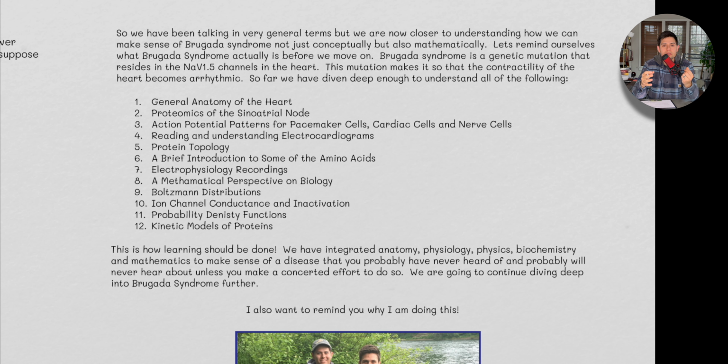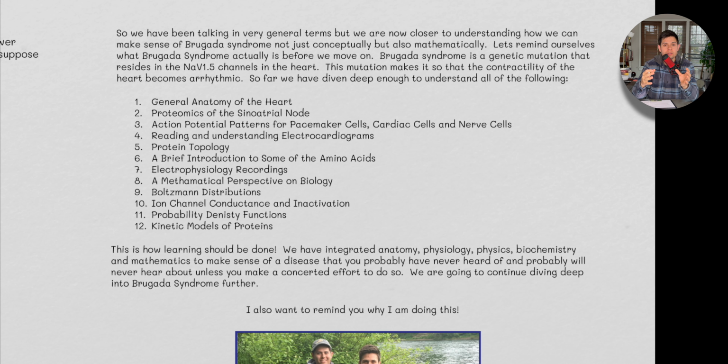So conducting is an open channel or an activated channel, whereas non-conducting is an inactivated channel. Probability density function. So the probability density function told us something about the dynamics of our system when we're talking about the number of channels opening and closing and all that sort of stuff. And then we talked about kinetic models of proteins as well.